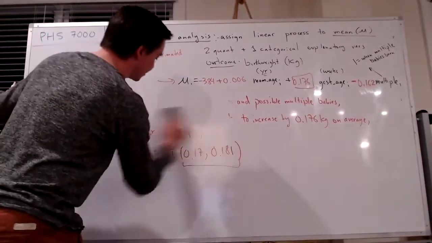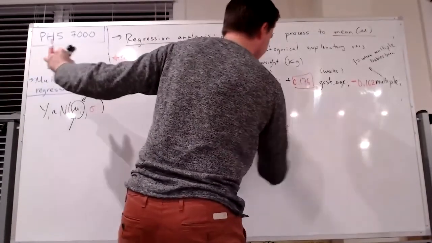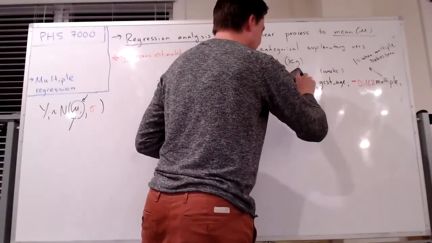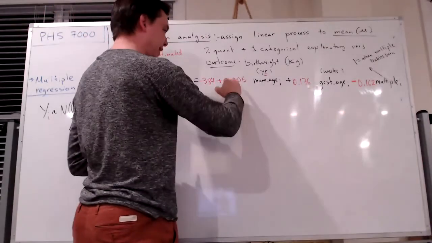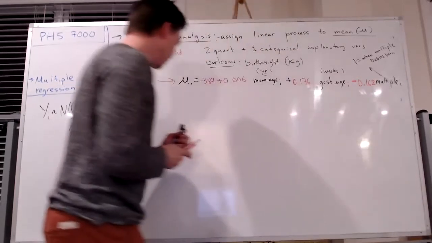Moving right along, those are our 2 quantitative variables, adjusted for one another. All right, the slopes of our planes. Remember, we're still dealing with two parallel planes tilted by this and that, separated by our multiple babies.